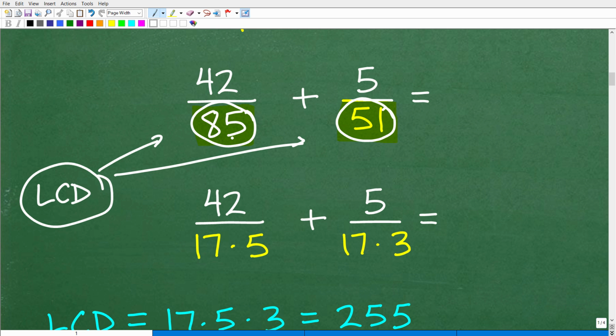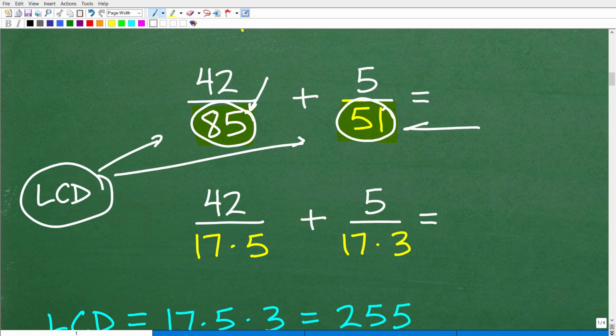Now, how did I find that out? Well, I just kind of knew that. You can kind of play around with these numbers. If you notice here, 85, because this number ends in a 5, it's divisible by 5. So you can divide 85 by 5 and it'll be 17. So that's going to be 17 times 5 is 85. So we only have these two prime numbers, 17 and 5.